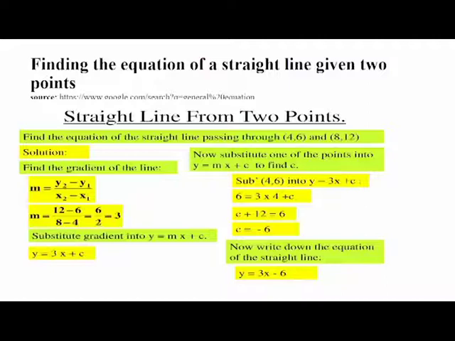It said find the equation of the line passing through the 2 points (4, 6) and (8, 12). How do we find the gradient? We have this formula, y2 minus y1 divided by x2 minus x1, or the change in y divided by the change in x. Then you just substitute your values.